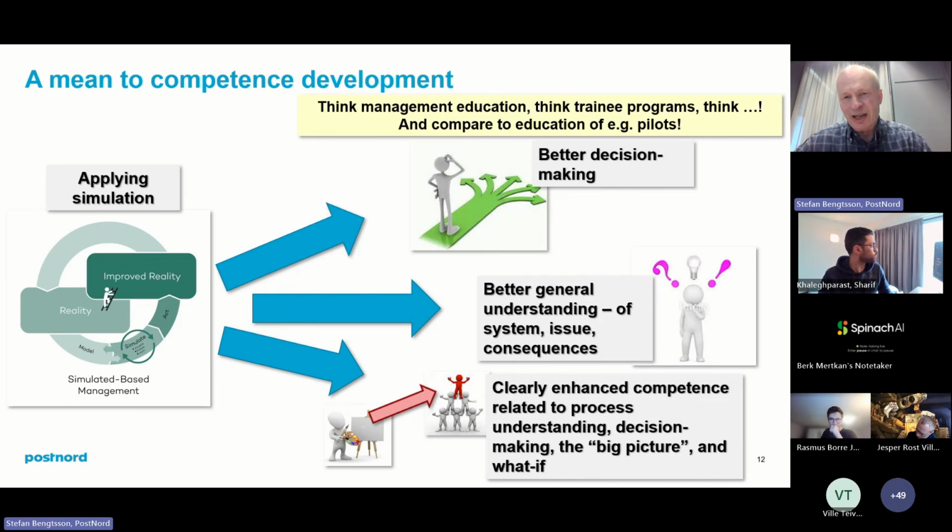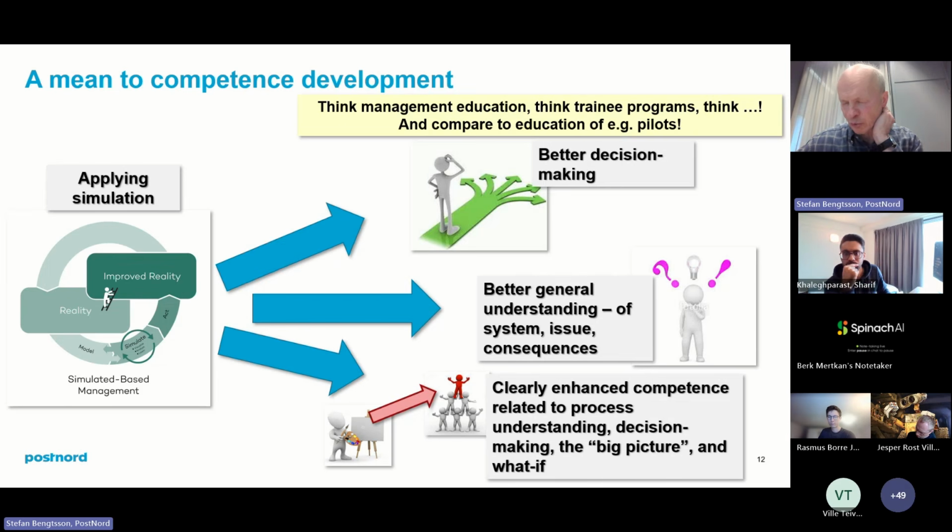And therefore, I would say think management education, think trainee program, think how you educate pilots. Using simulation, using modeling is very correlated, very related to learning. It's a fantastic way to learn, to understand the problem, to understand the system, to understand the challenge.